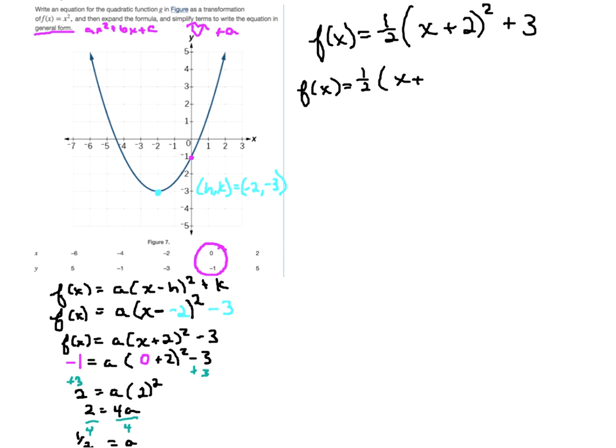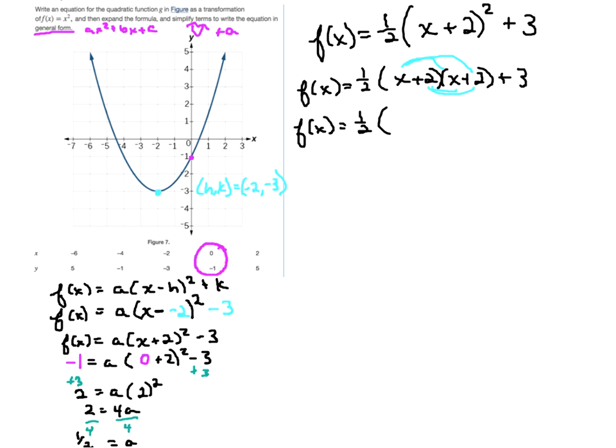So f of x equal to 1/2. I'm going to write x plus 2 times x plus 2 because I don't ever square anything in my head like that. And you shouldn't either, because 9 times out of 10 students miss that middle term when they don't write it out and do all that distribution. So better safe than sorry.